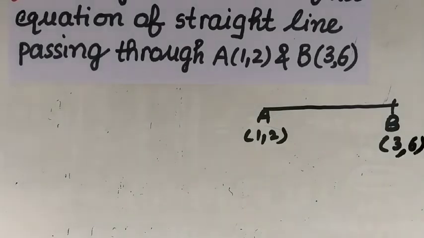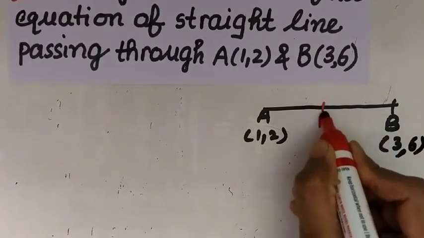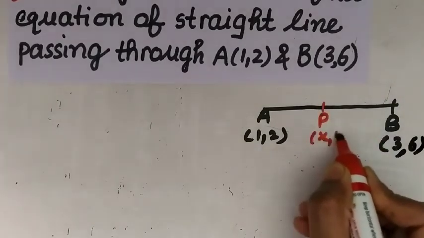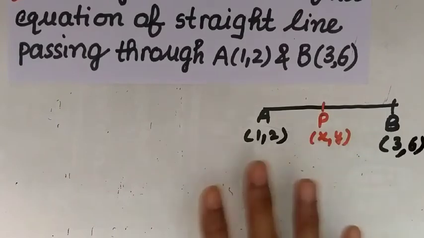So students, first of all, what to do? We will assume let P(x, y) be any general point on this line AB. So firstly we assume P(x, y) is any general point on this line, and 2 points A and B are already given. We have assumed a point P(x, y) on this line.